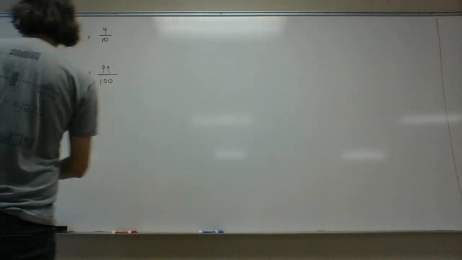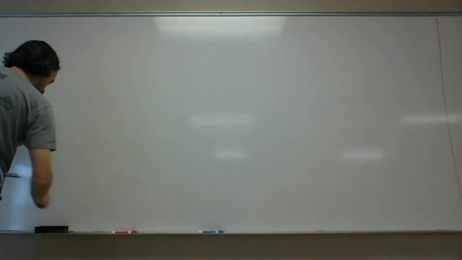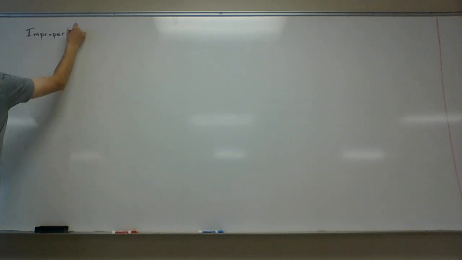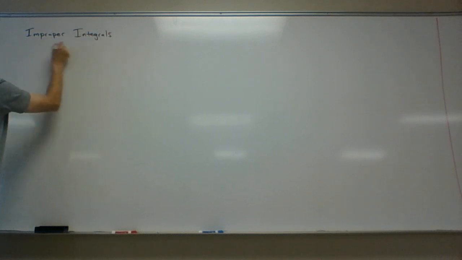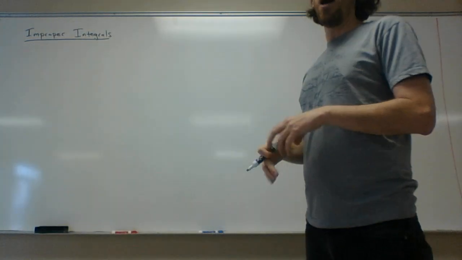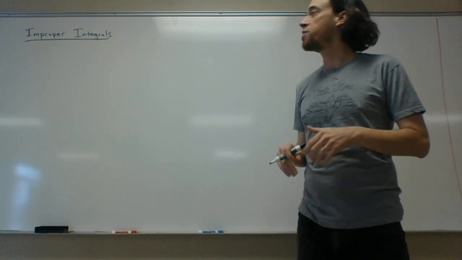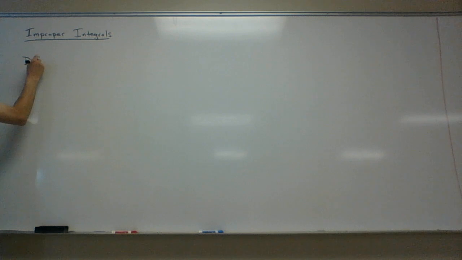And so this topic is called improper integrals. And they're called improper integrals because one of the numbers is going to be replaced by some kind of infinity symbol. So here's the definition that we'll use.